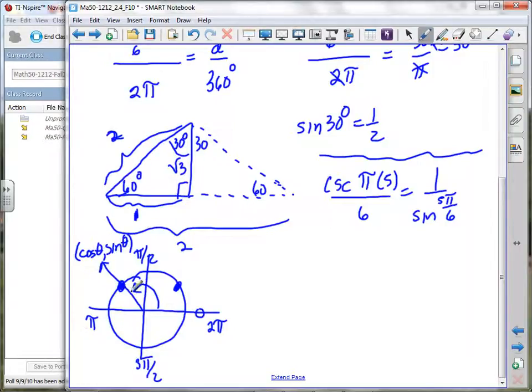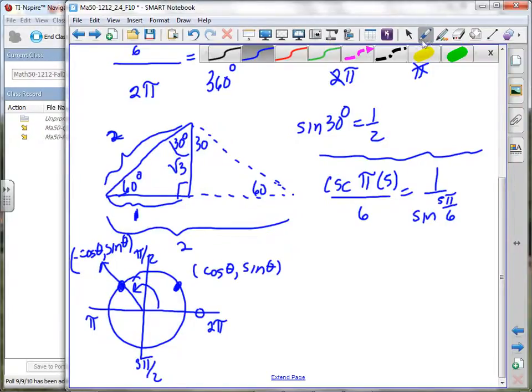Actually, I should correct that, because this is sine theta, cosine theta. What is this? It'd be the opposite of cosine. I'm going to put a negative in there, negative cosine, because it's the opposite input value but the same output value as we go along.